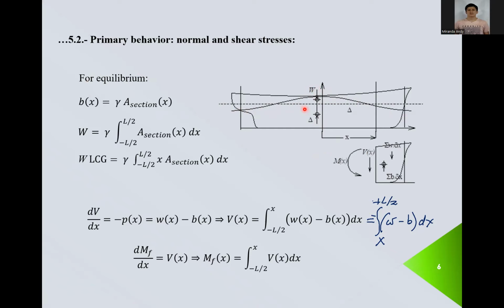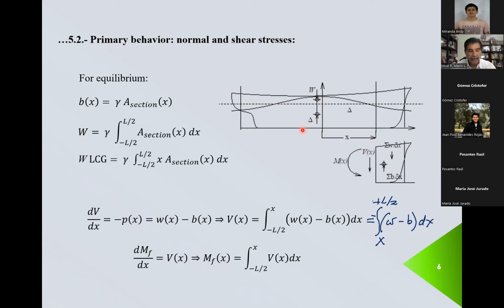If the ship had a very large trim, then we should worry about LCG and LCB, because the inclining will make the LCB and LCG not be equal.